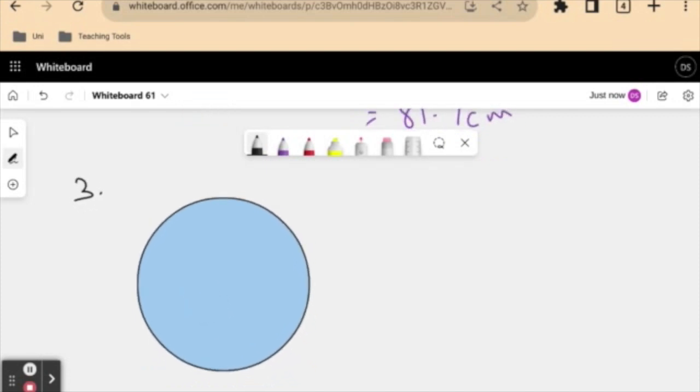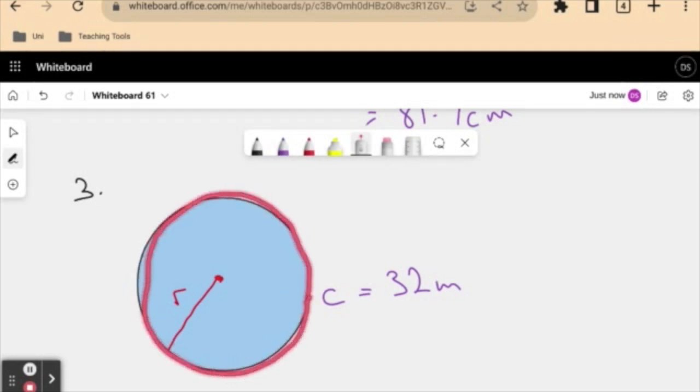I'm going to say that we don't know what our radius is, but we're given that this particular circle has a circumference of, let's say, 32 meters. So we don't know what the radius is, but we know that the circumference is this entire length around the border of our circle, stretching all the way around here.